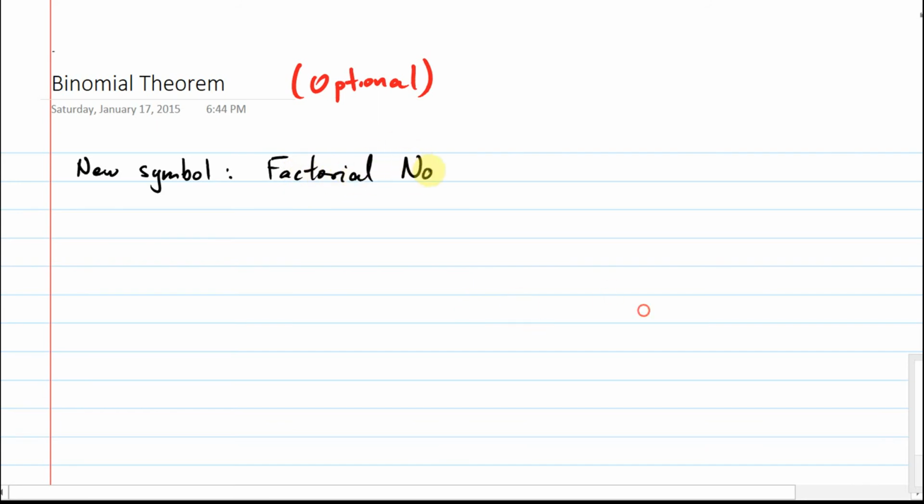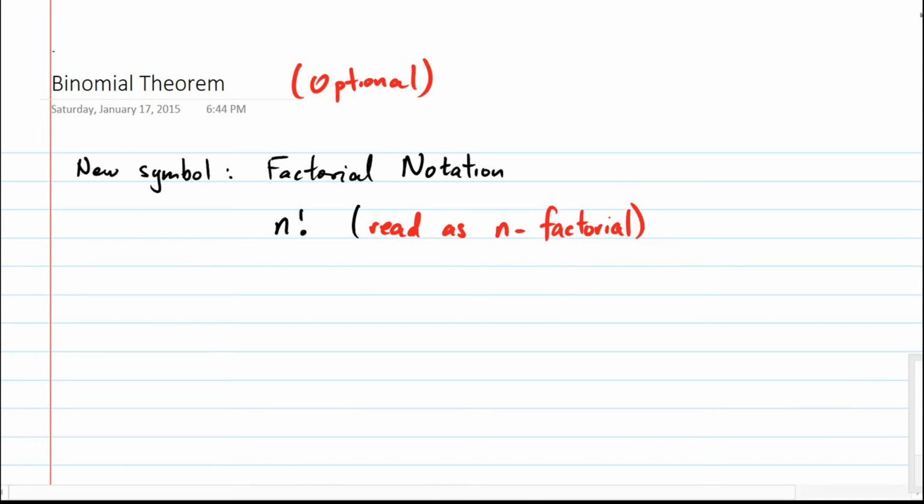We will say it looks like n and an exclamation point. It's read as n factorial.